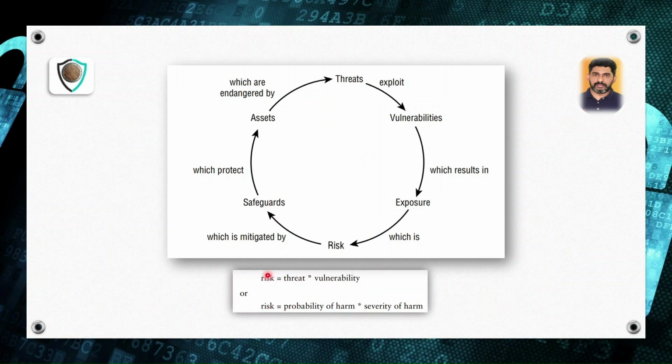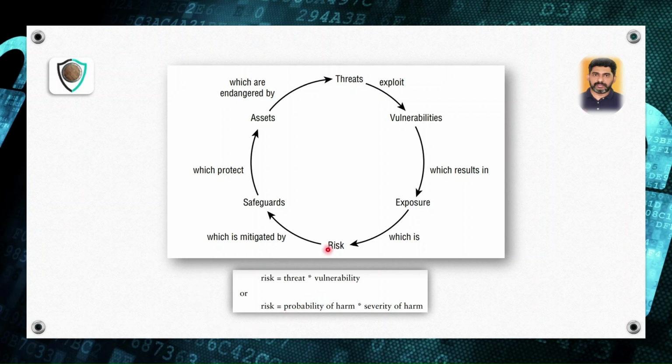Now, risk is directly related to the threat and vulnerability, or we can say it is related to the impact. So severity of harm means one-time impact, and probability of harm means the likelihood, how frequently the threat occurs every year.